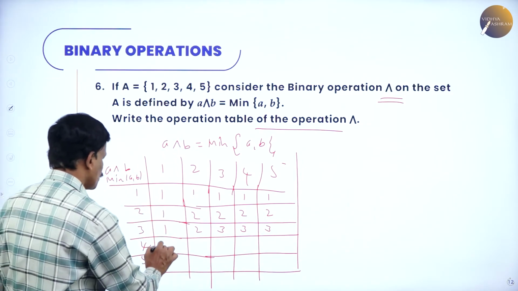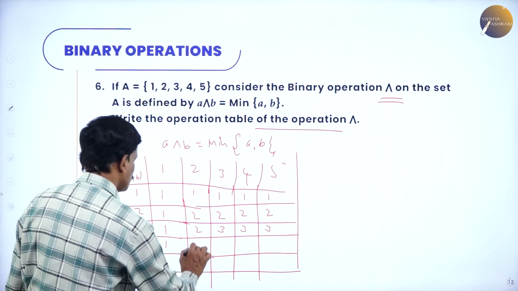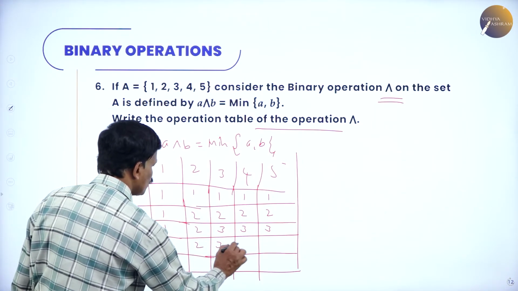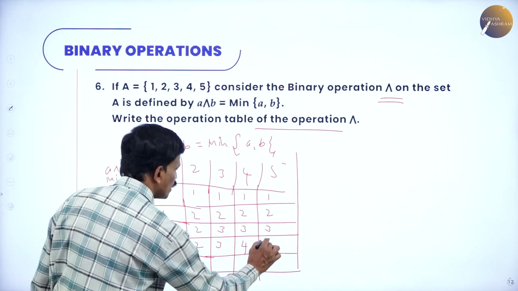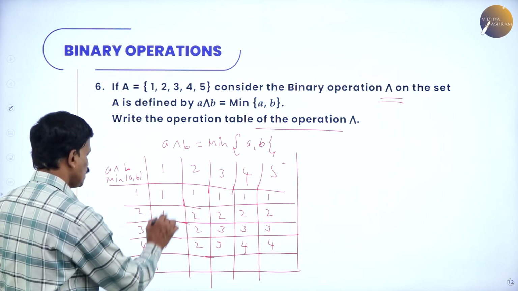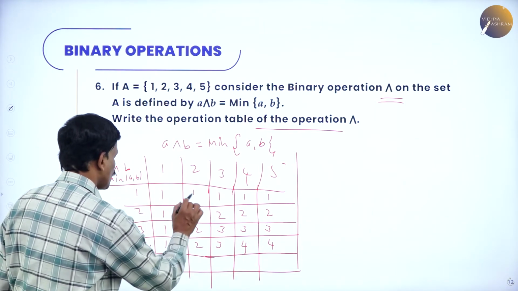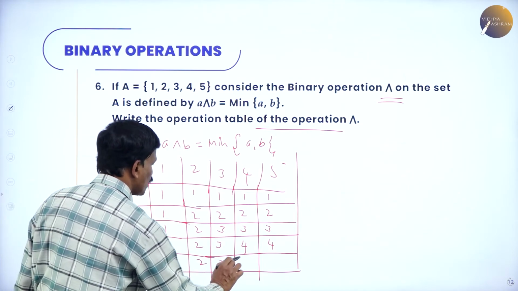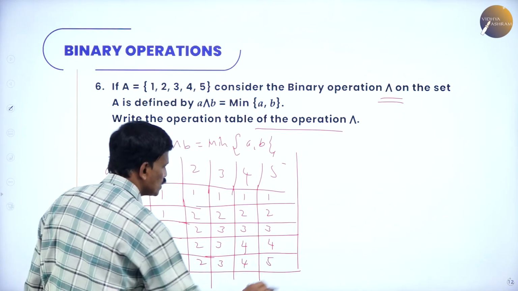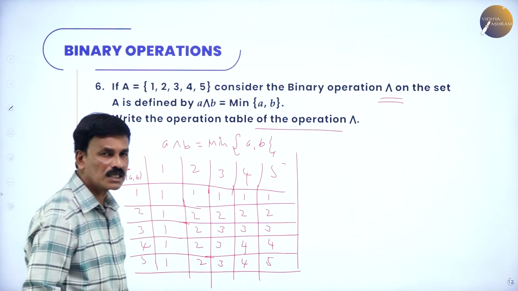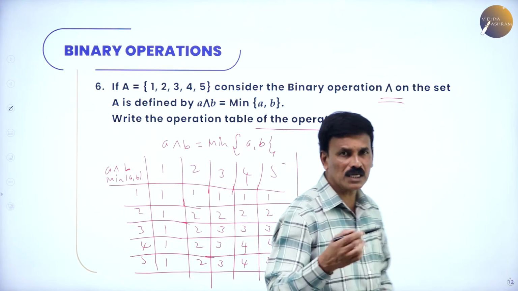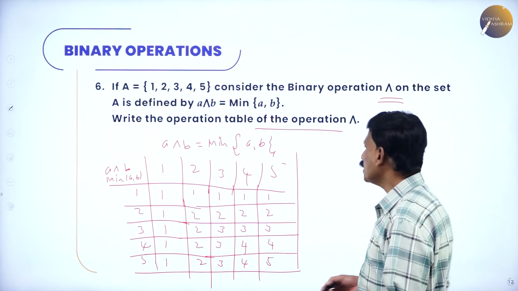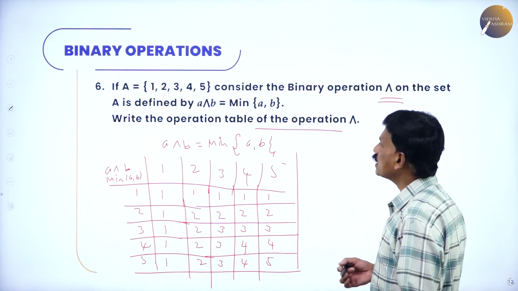Similarly, 4 and 1 is 1, 4 and 2 is 2, 4 and 3 is 3, 4 and 4 is 4, 4 and 5 is 4. Similarly, 5 and 1 is 1, 5 and 2 is 2, 5 and 3 is 3, 5 and 4 is 4, 5 and 5 is 5. This is how we construct the table for minimum. Similarly for maximum. Now let us come to the next problem.